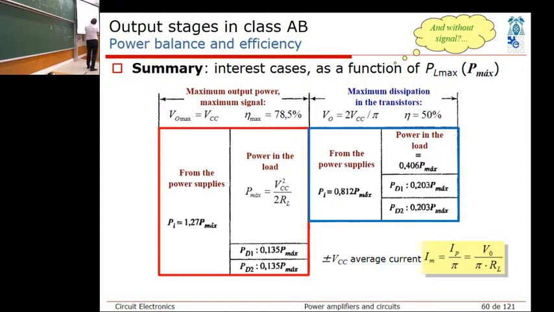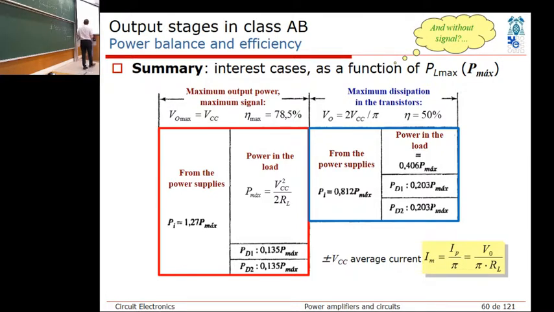Then you have the output signal close to the operation voltage, and you get that good, almost 80% efficiency. If Pmax is the maximum power that you can consume on the load, then you basically need a power supply to give you 1.27 times the maximum power. So for 100 watts of output power, you need a 127 watt power supply. Simple as that.